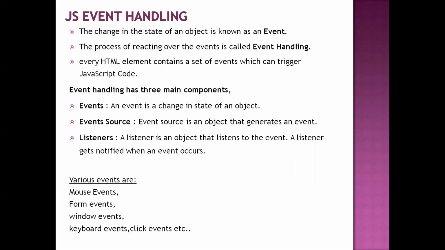Window events are similar to form events only. Ultimately, your form will be displayed in the window only, right? So whenever you open a particular browser window, automatically one action will be generated at the back. That action we are calling a window event. And whenever you click on the close button on that window, automatically that window will get closed.